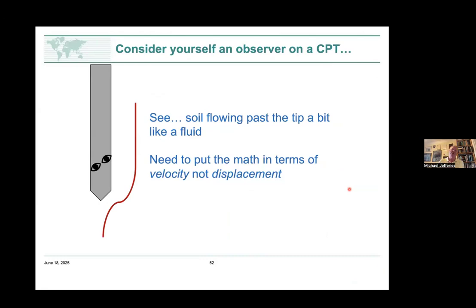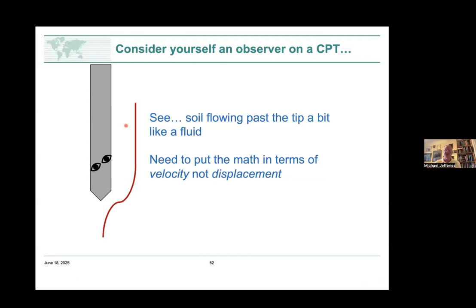Now, you might say, okay, why don't we use finite element analysis of the CPT? Well, there's a problem. What I've sketched here is a CPT, and I want you to imagine yourself going down with the CPT and looking out and seeing what's happened to the soil. What you see is soil going past you like this. It'll be flowing past the tip.